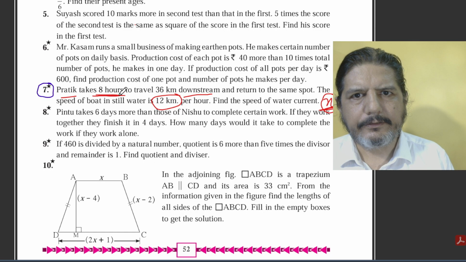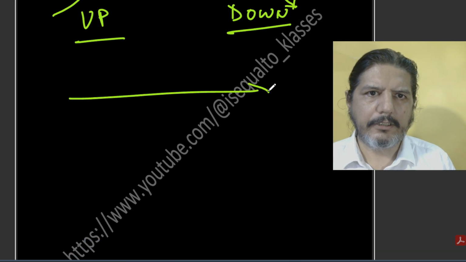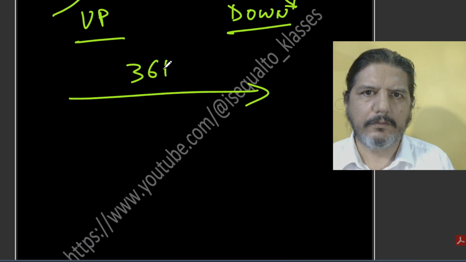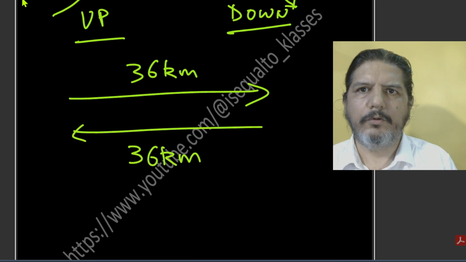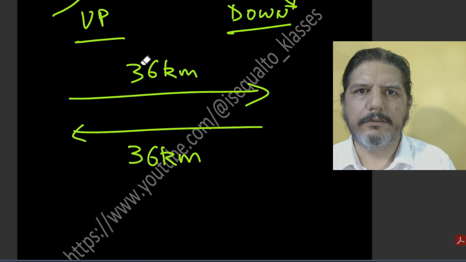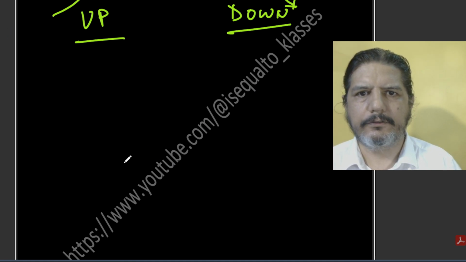He takes 8 hours to travel 36 km downstream and return to the same spot. So basically what he does is, he goes 36 km this side. He comes back. So in our representation, we can show it like this.